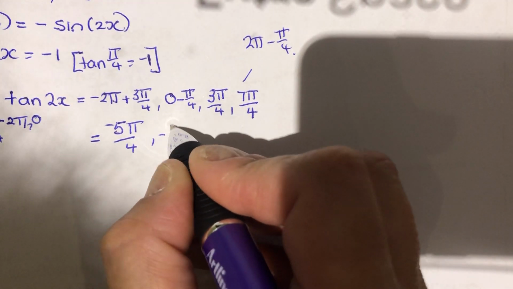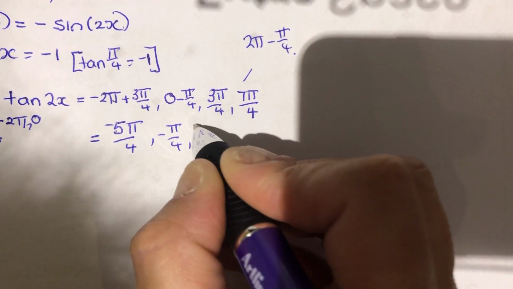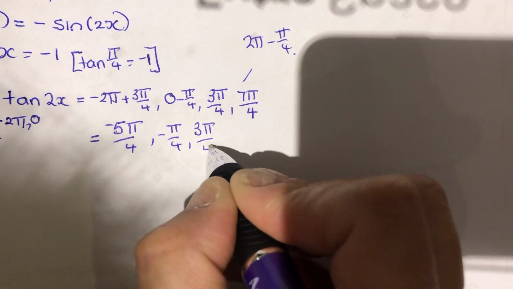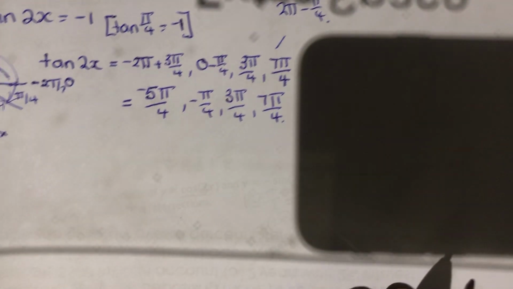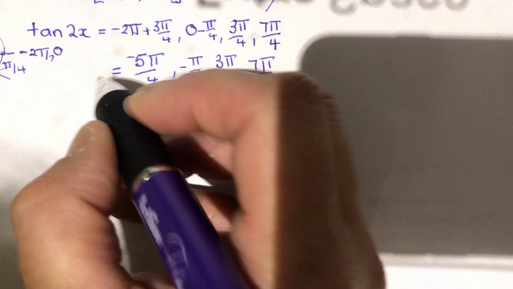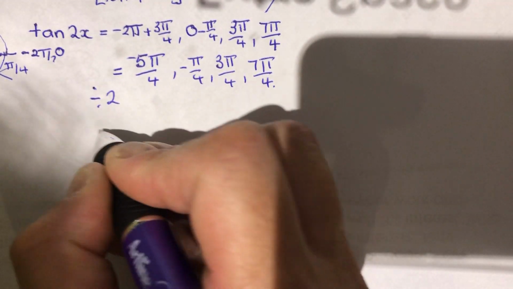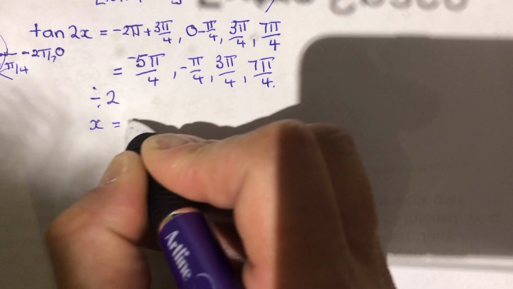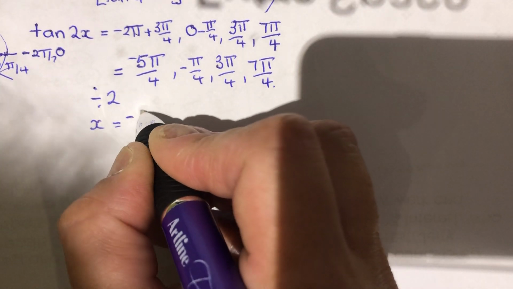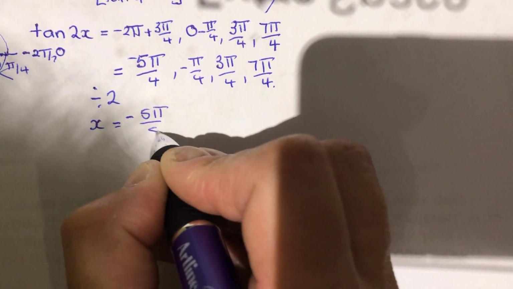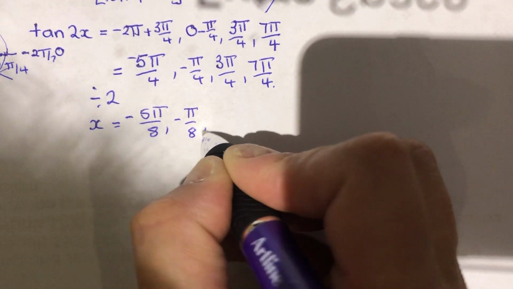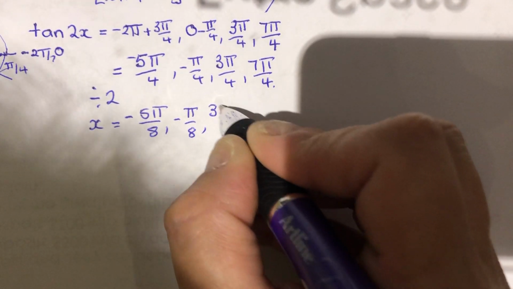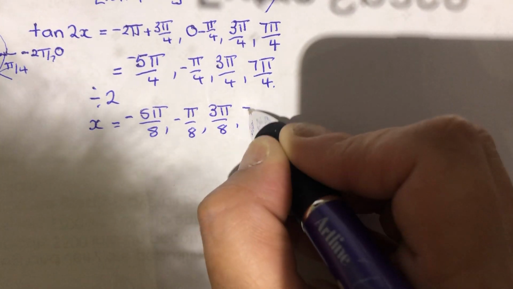This one is negative pi on 4, 3 pi on 4, and 7 pi on 4. Now we have to divide everything by 2 to get x. So our x values are minus 5 pi on 8, minus pi on 8, 3 pi on 8, and 7 pi on 8.